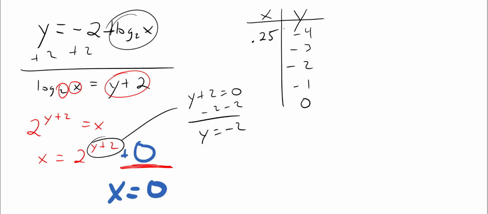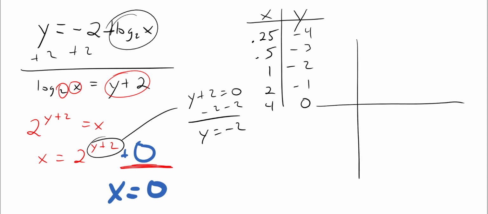Okay, 2 to the negative 3 plus 2, so 2 to the negative 1 is 0.5. 2 to the negative 2 plus 2, so 2 to the 0 is 1. I put the negative 1 in there, I get 2. I put the 0 in there, I get 4. Okay, so y is negative 1, 2, 3, 4. And x is 1, 2, 3, 4.